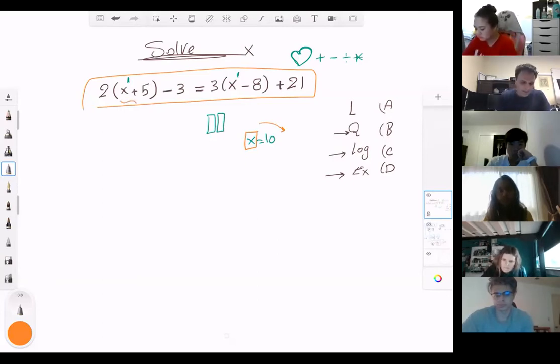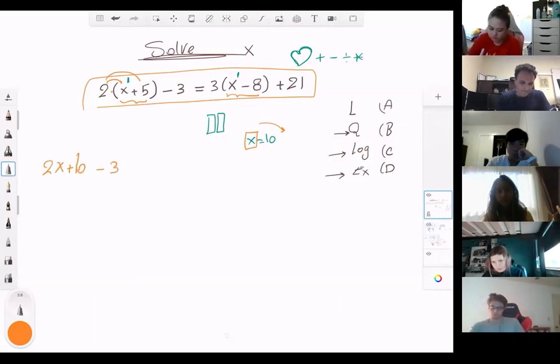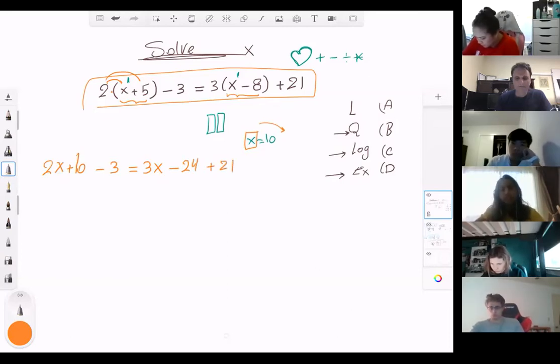We have parentheses, and we would like to simplify them. Multiplying, we get 2x plus 10 minus 3 equals 3x minus 3 times 8 is 24, plus 21, minus 20.